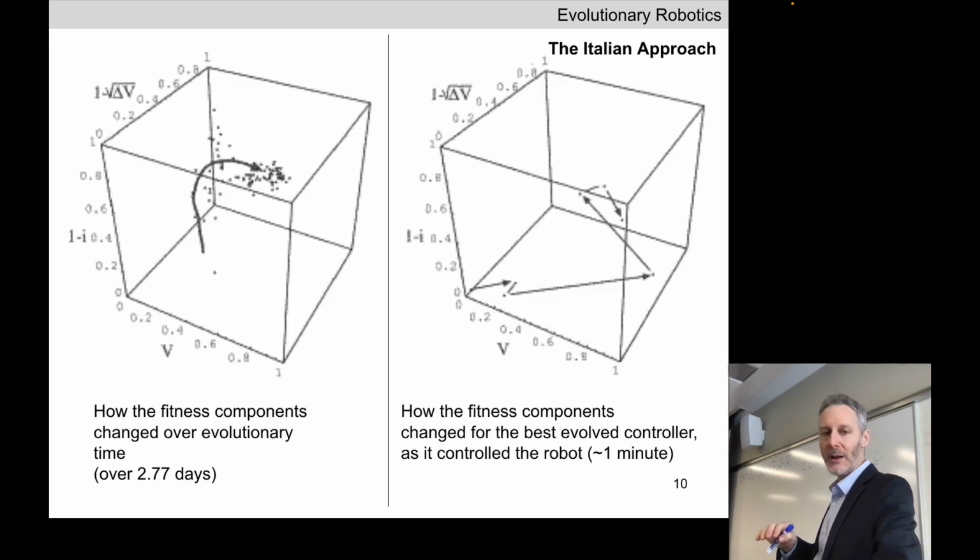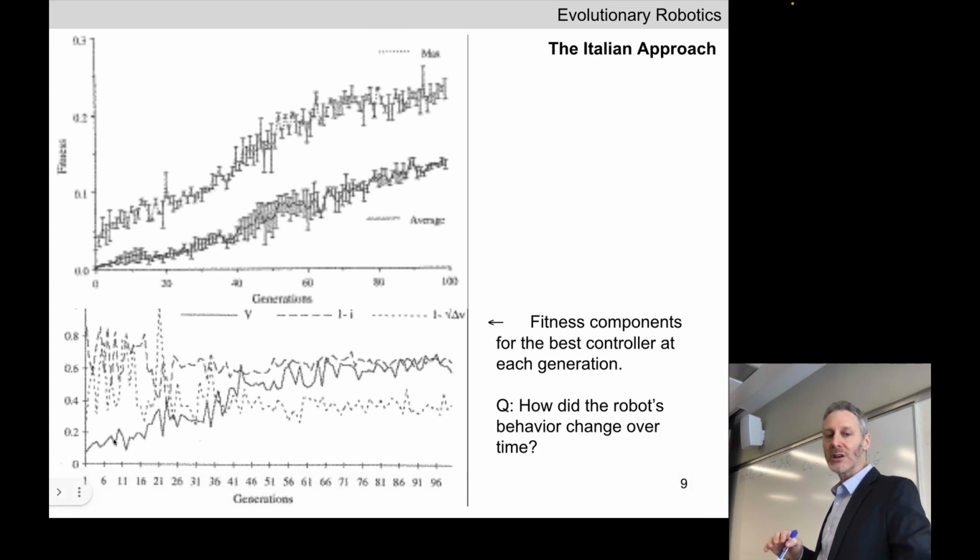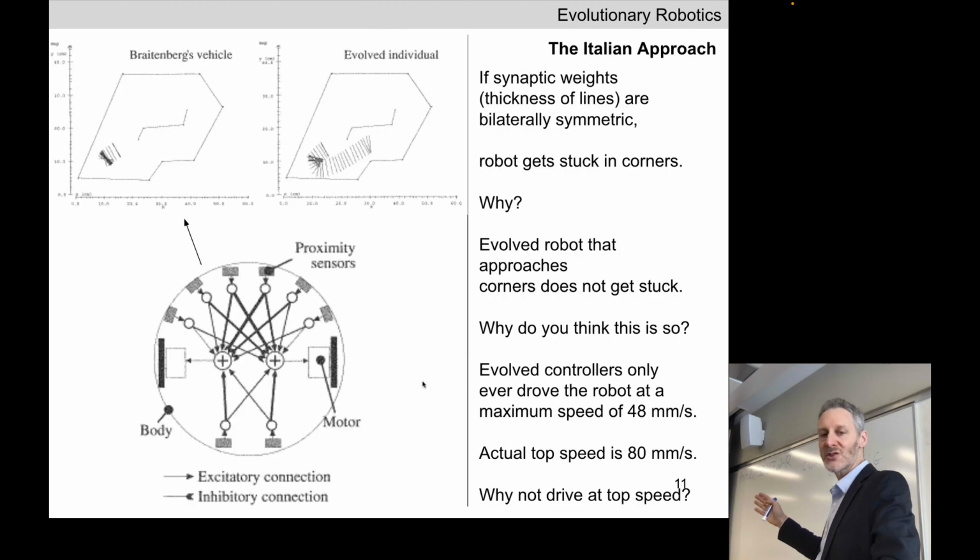Evolution increased the speed of the robot for the first 50 generations or so, and then kept the speed of the evolved controllers at about 48 millimeters per second for the rest of evolution, even though evolution could have squeezed more speed out of the robot, which would have given it a higher V, which would have been a good thing. Why did evolution not do that?